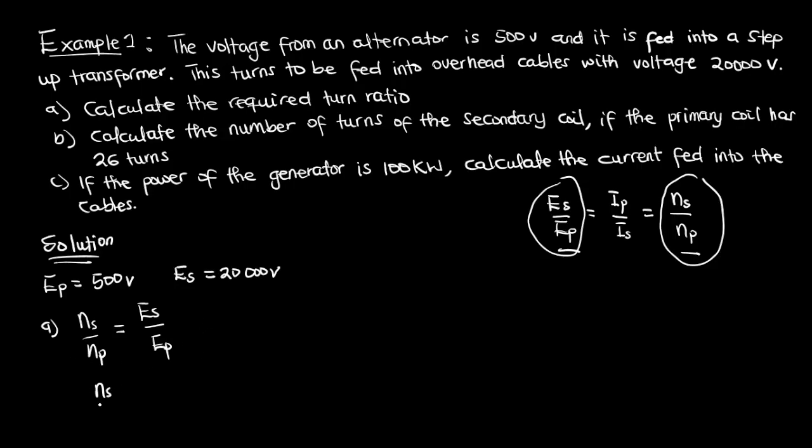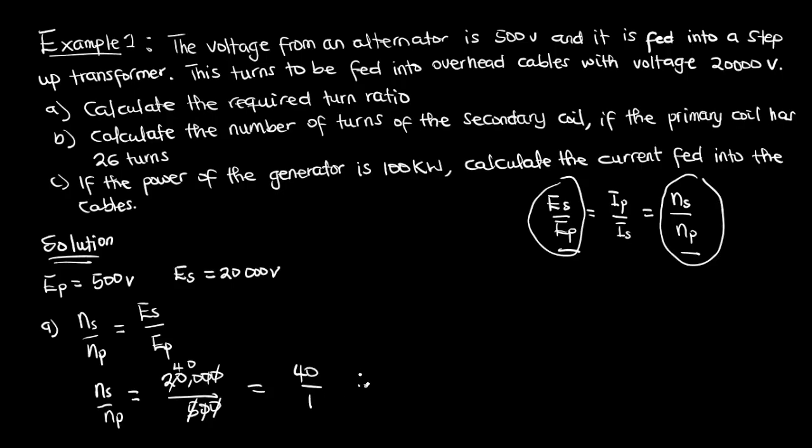So Ns over Np is equal to our Es, the secondary voltage, which is 20,000, divided by our primary voltage, which is 500. If we look at that, the two zeros will cancel, and then 5 goes into 200 40 times. So we have 40 is to 1.